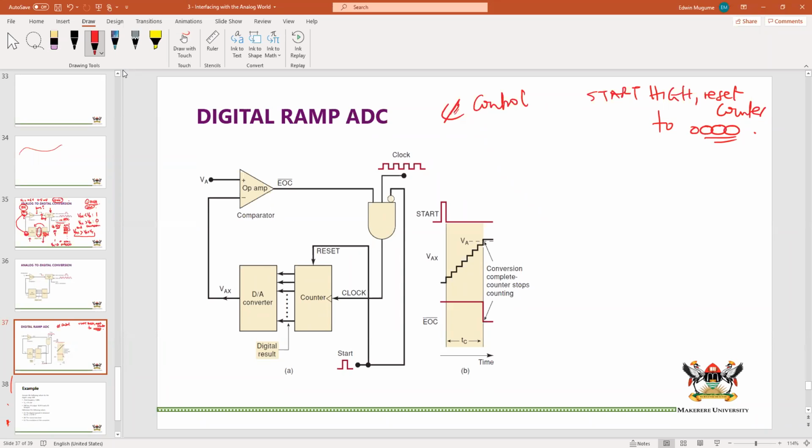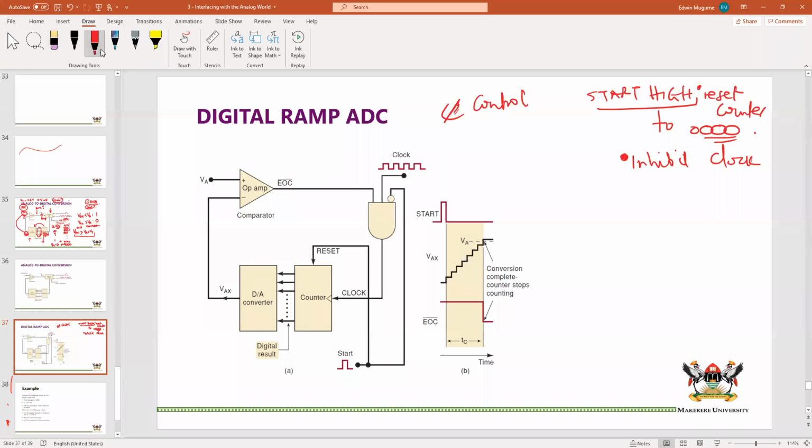Also, when start is high, 1, reset counter, and 2, inhibit the clock. A high going into that bubble means that the output will deactivate the AND gate. That AND gate will always return a 0, because the high going in goes through the bubble and becomes a 0, meaning you always have a 0 here. If you have a 0 here, that clock signal will not go through.